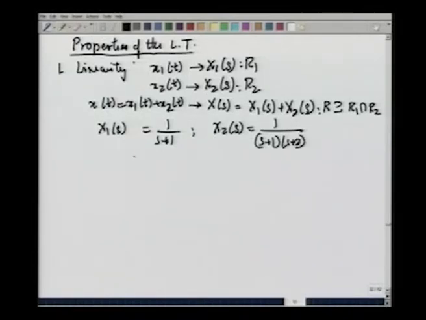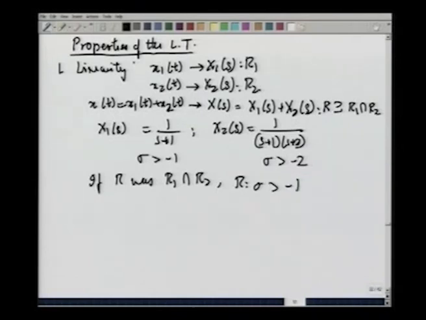Let us say this one has an ROC sigma greater than minus 1, this has an ROC sigma greater than minus 2, right. Now, if R was R1 intersection R2, we should get R as sigma greater than minus 1. But let us see what we get.